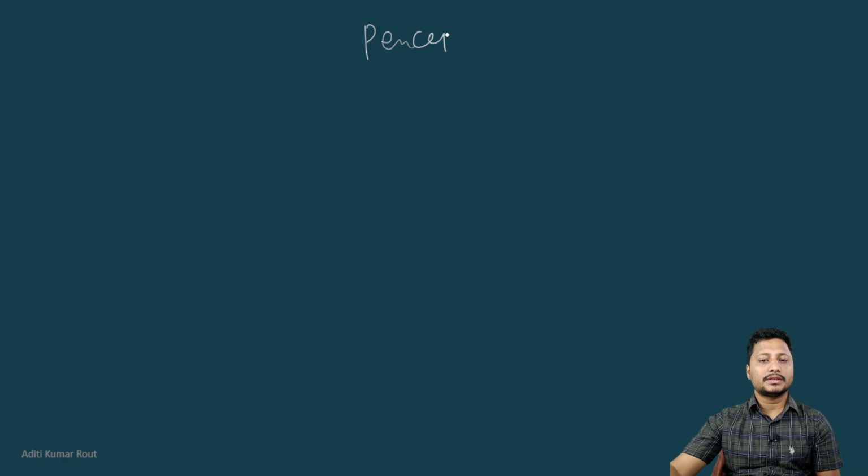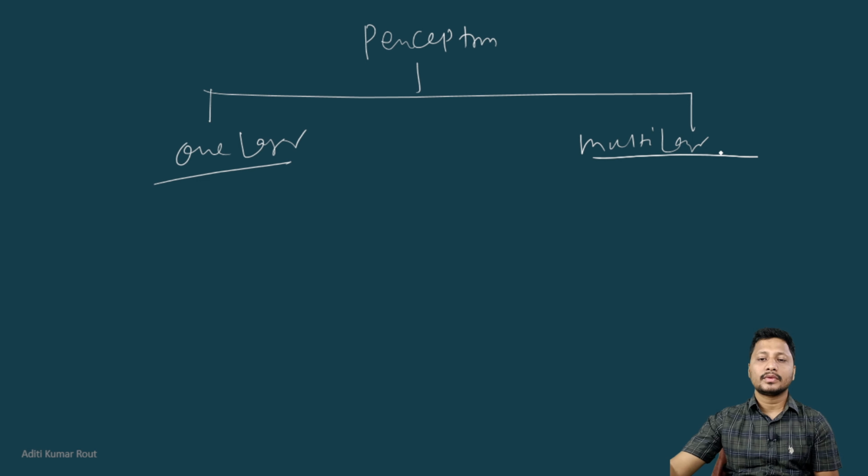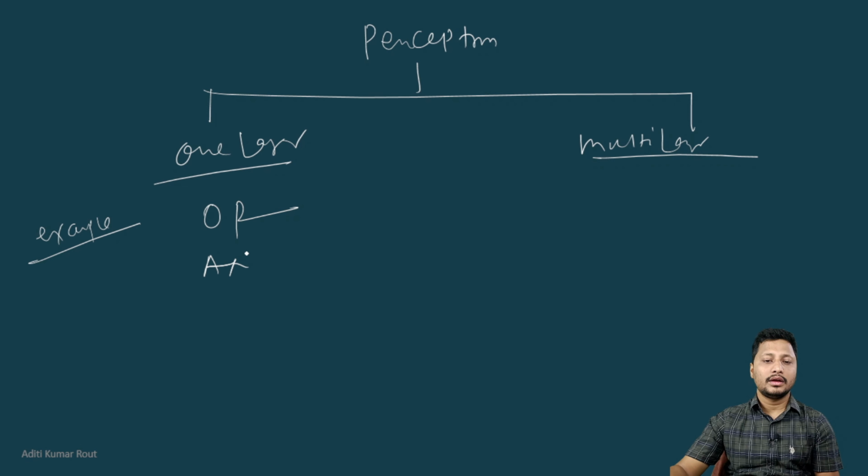Let's summarize these three. If I am talking about perceptron, it's basically one layer. We discussed multi-layer in our last session. So as examples, we implemented the OR gate, AND gate and NOT gate.